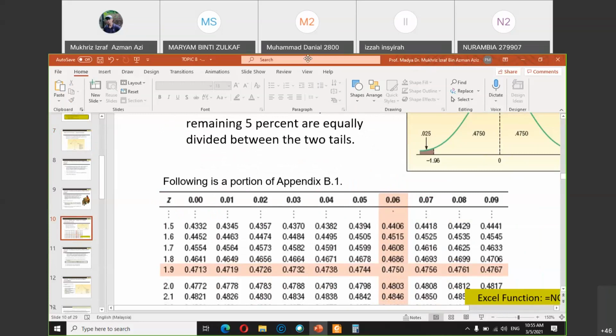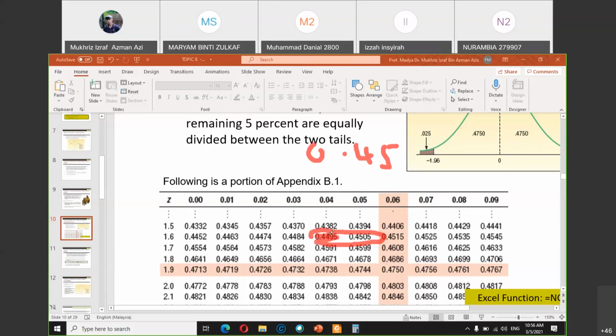You can see here, just now we mentioned that for a 90% confidence interval, half side will be 0.45. You can find the closest one is actually between these two. This one has not reached 0.45, but it is 0.4495. If you round up to 2 decimals, then you can use this one.